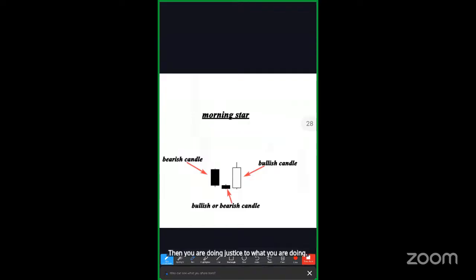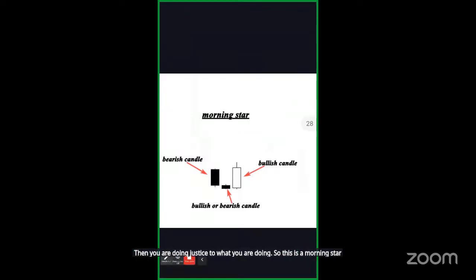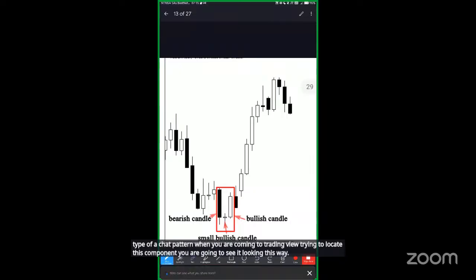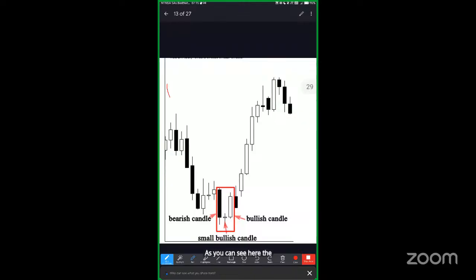So this is a Morningstar type of chart pattern. When you are coming to TradingView, trying to locate this component, you are going to see it looking this way. As you can see here, the market trended downward. At the bottom of the trend, you are able to see the composition of the Morningstar.